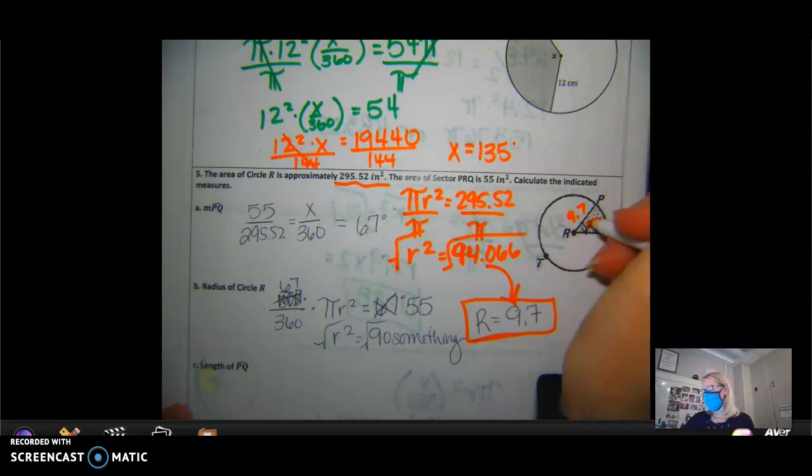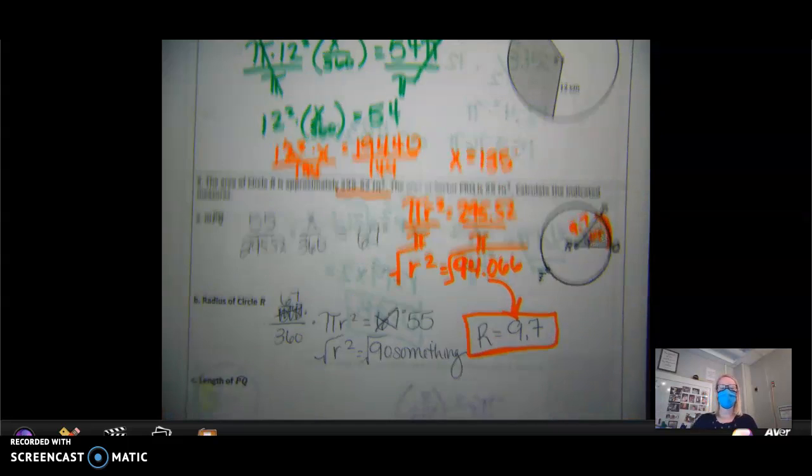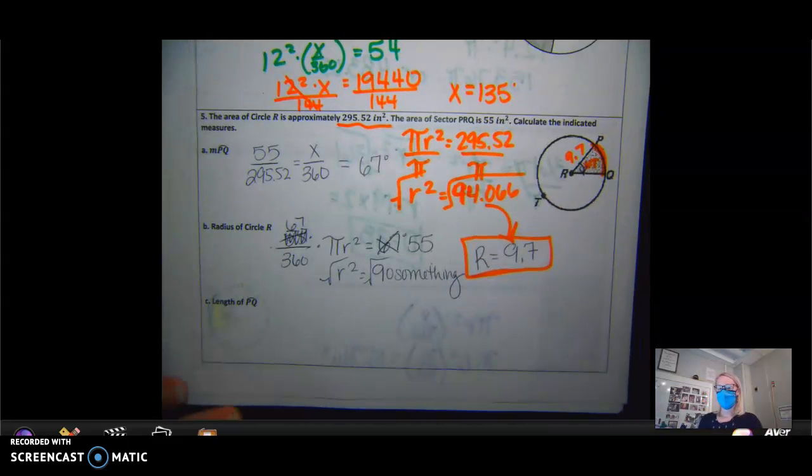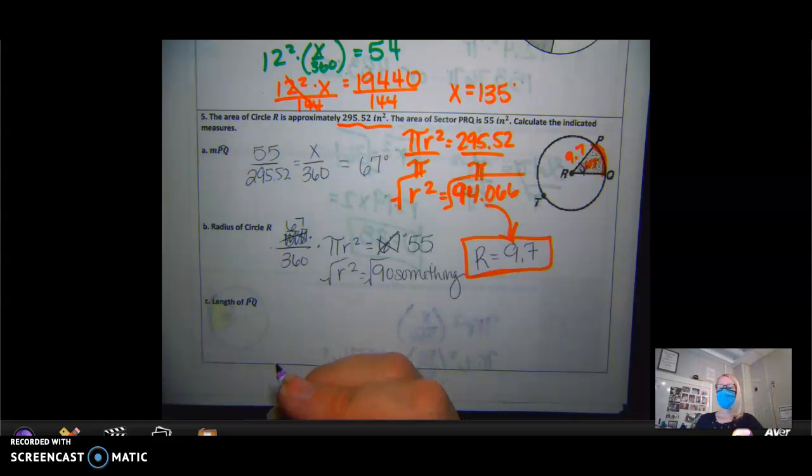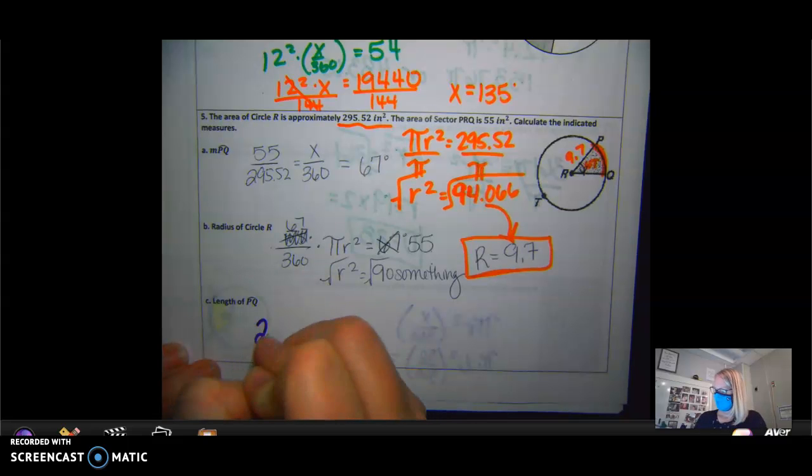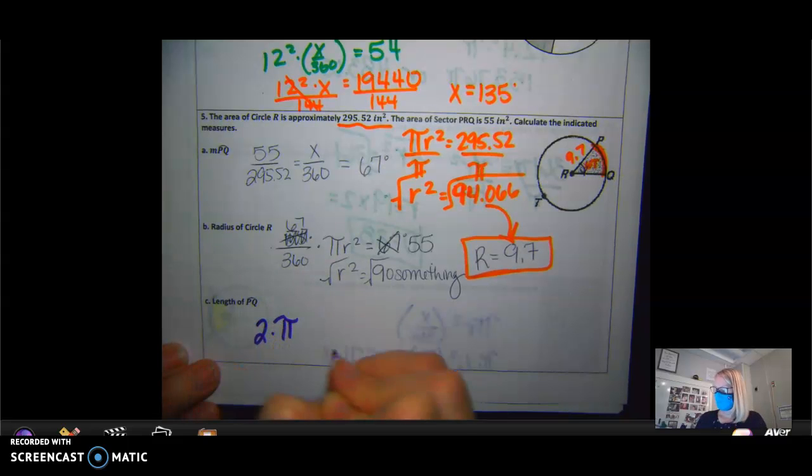Now they want the arc length of P to Q. How do I find the arc length of P to Q? So we're going back to length, distance around. Is that area? No, what is that? Circumference. What was the circumference formula? 2 times pi times radius.